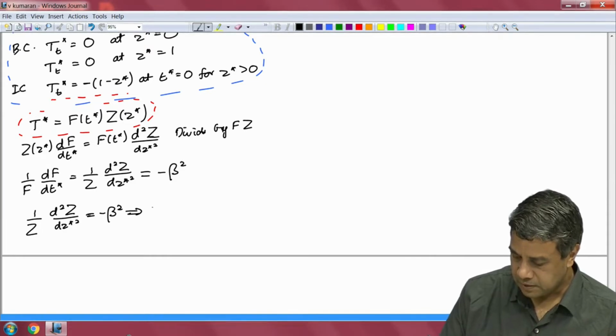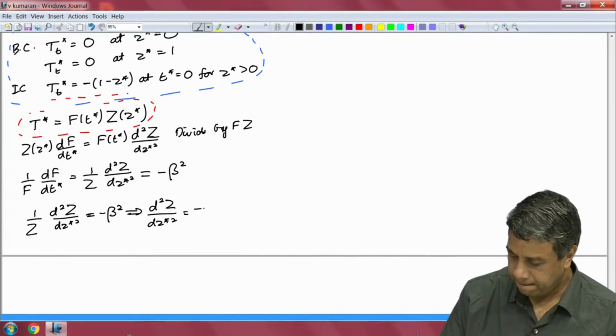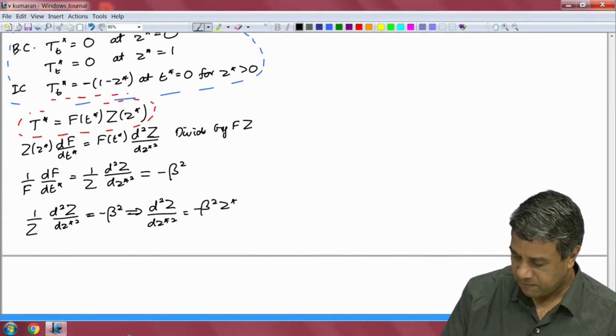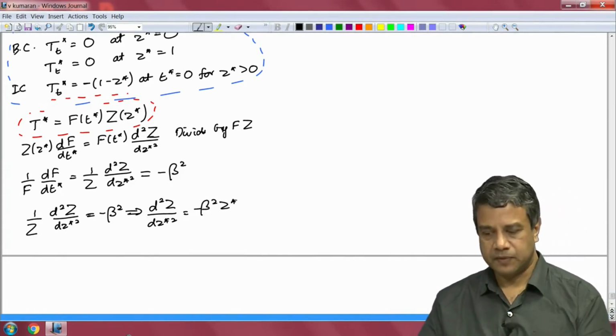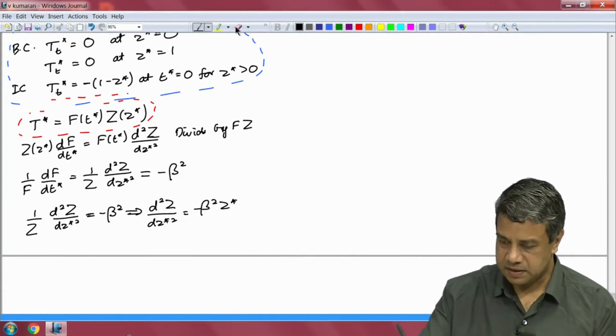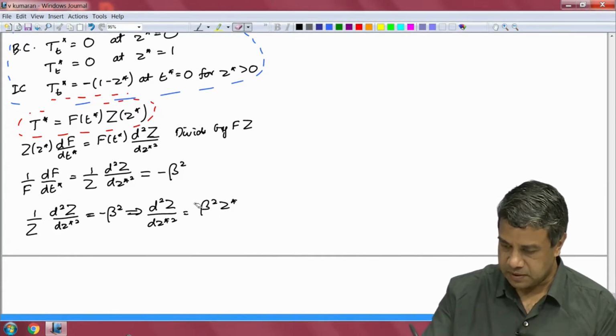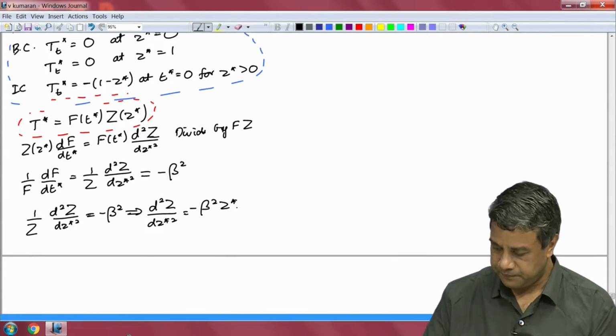Or d square z by dz star square plus beta square z equals 0, and the solution of this equation is sine and cosine functions.